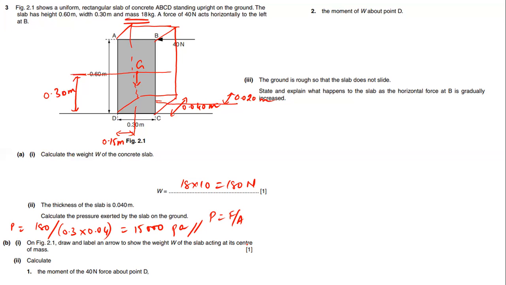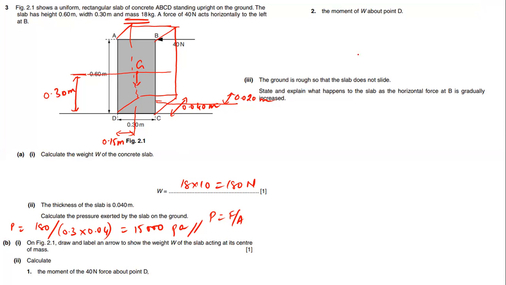Then calculate the moment of the 40 Newton force about the point D. What is the moment of the force? That should be force multiplied by distance, right?